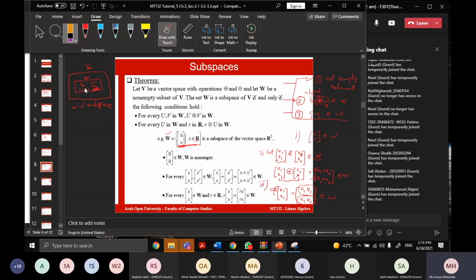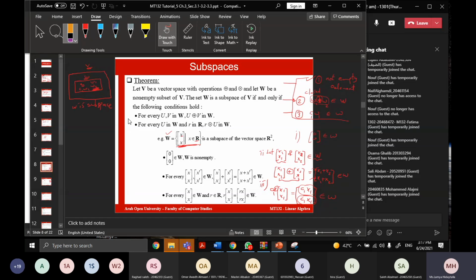And to prove that it is closed under addition, if you took any 2 vectors from this set and you do the addition of vectors, then the resultant is here as well. It's not outside. So it is closed under this operation.